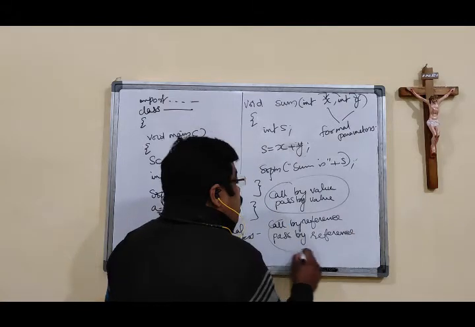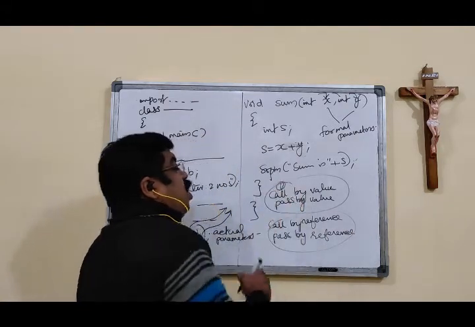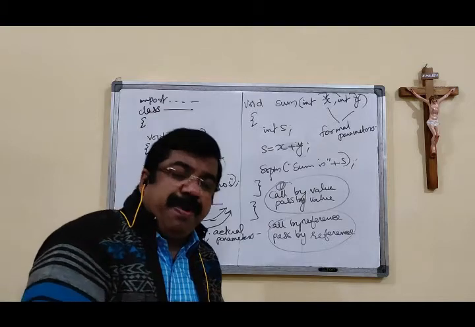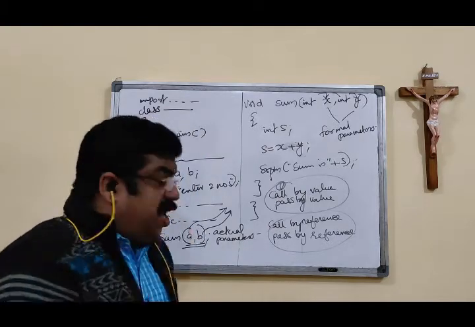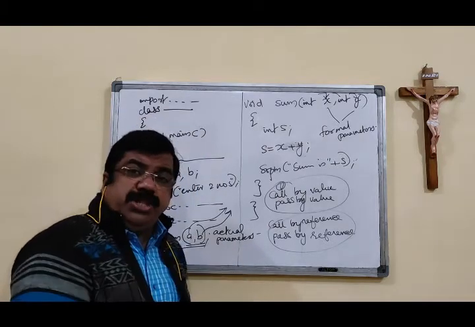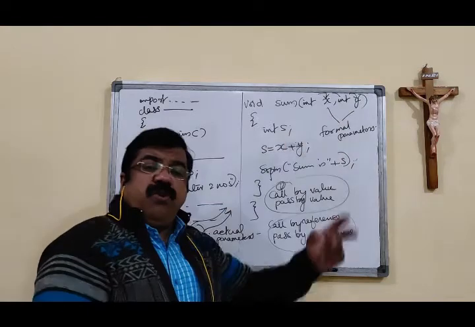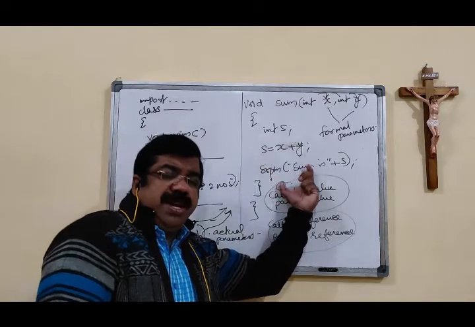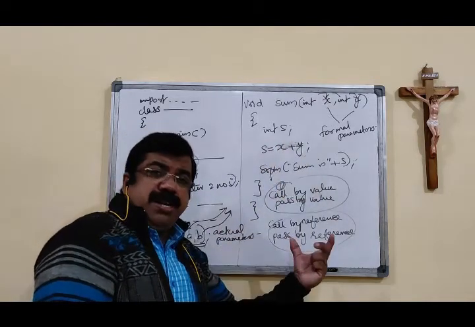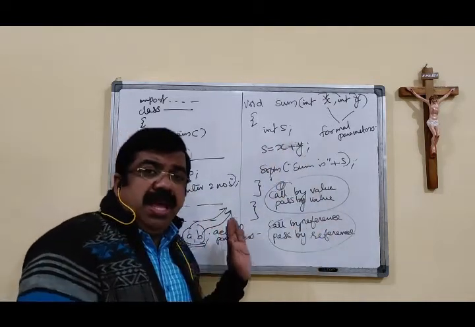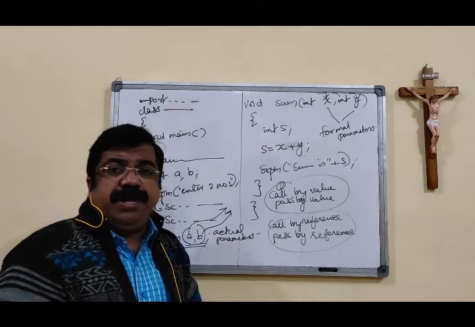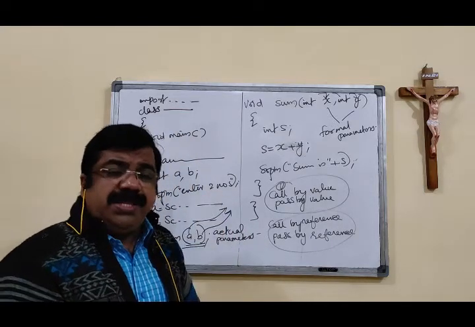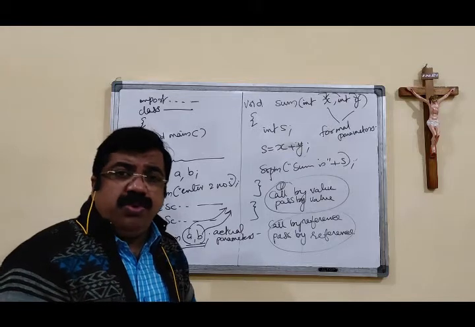So the first one is used here. What is that? Call by value or the pass by value, where these actual parameters are copied to the formal parameters, and whatever changes you make in the formal parameters will not be affecting the actual parameter. That is what is called as call by value.